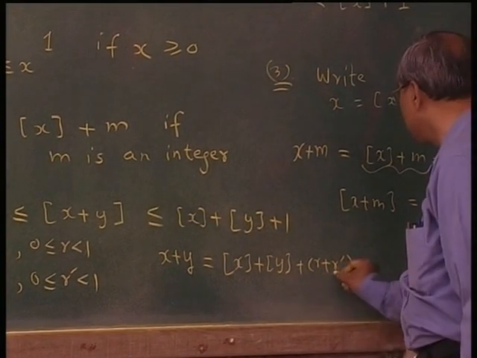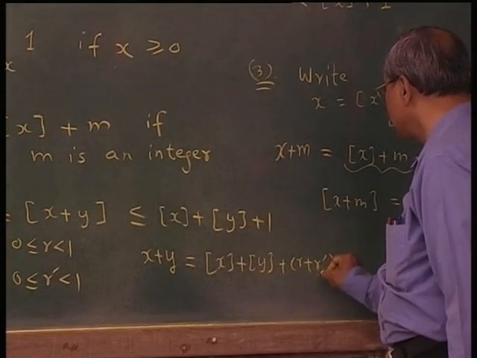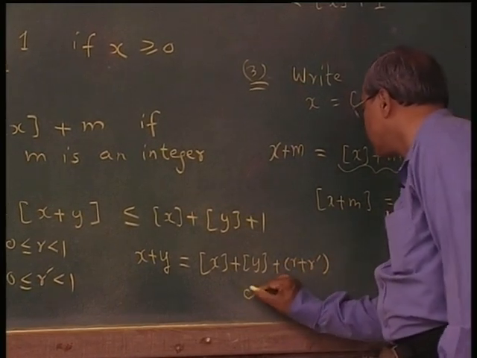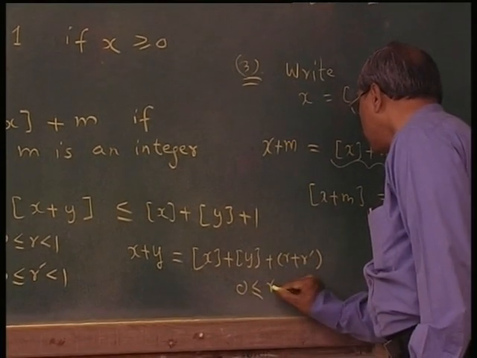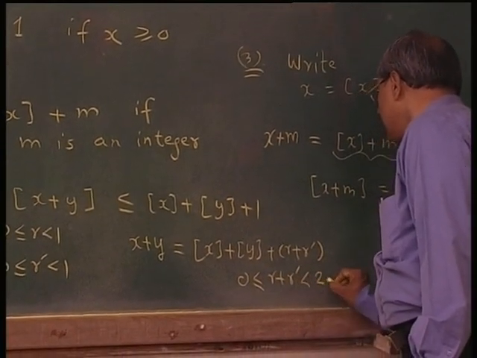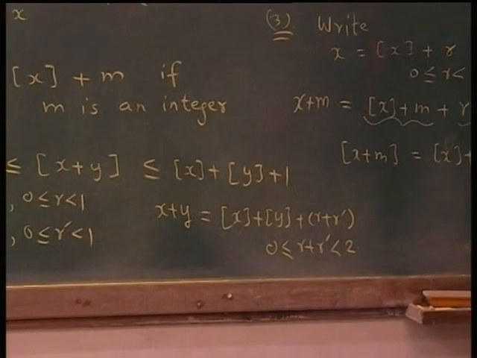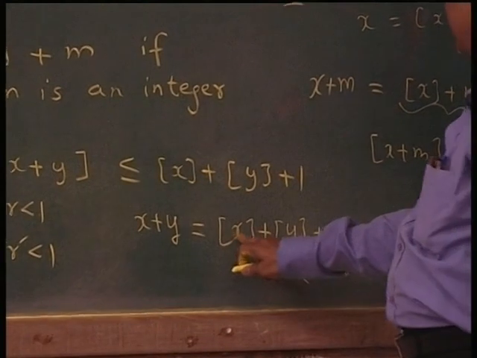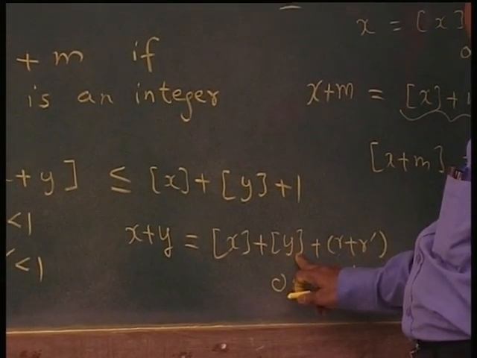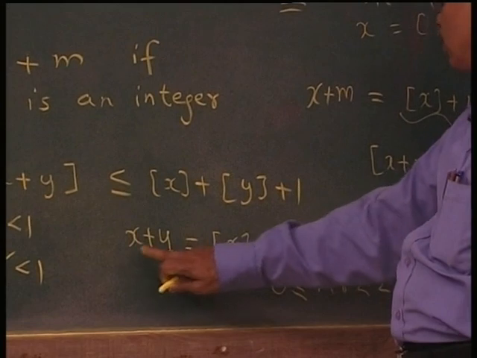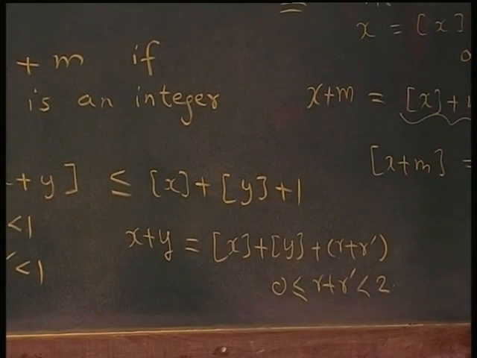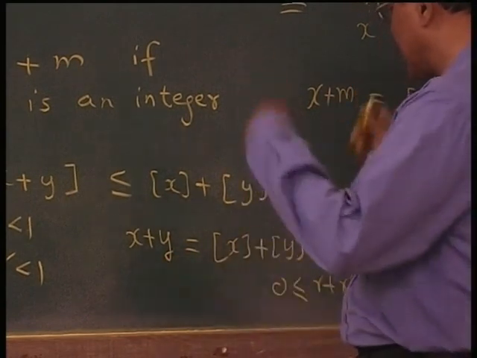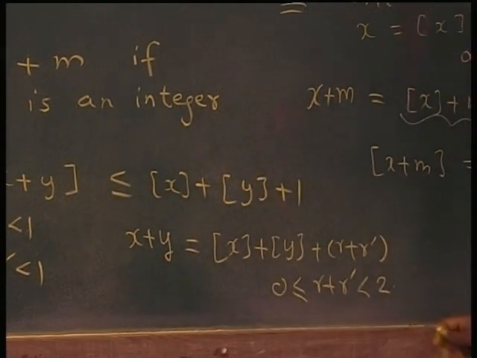And what is r plus r dash? R plus r dash is a quantity which is between 0 and 2: 0 less than or equal to r plus r dash, which is less than 2. So, in any case, integral part of x plus integral part of y is less than or equal to x plus y, but what are the possibilities for the integral part of x plus y?